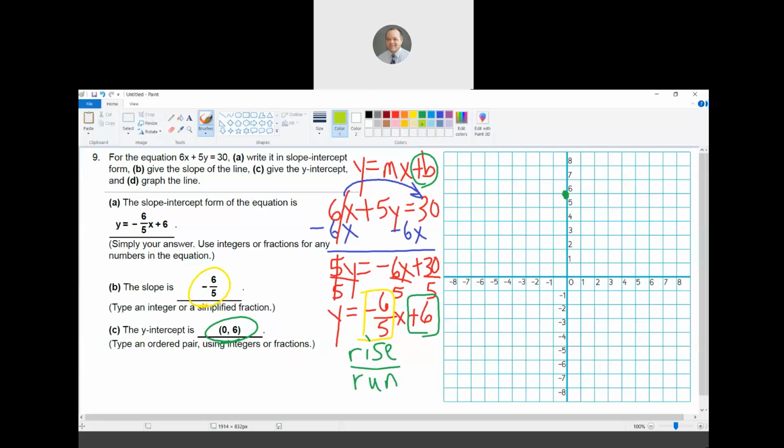So 1, 2, 3, 4, 5, 6. And because our run is positive 5, we run 5 spots to the right. So 1, 2, 3, 4, 5, and plot our point. Without having to draw an XY chart, we found the second ordered pair in order to graph our equation.